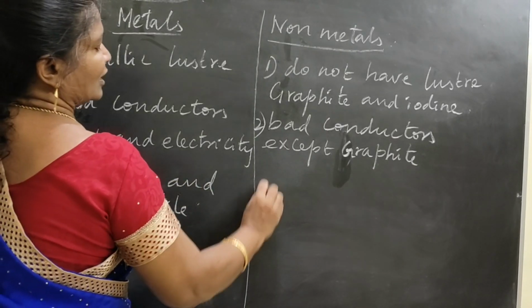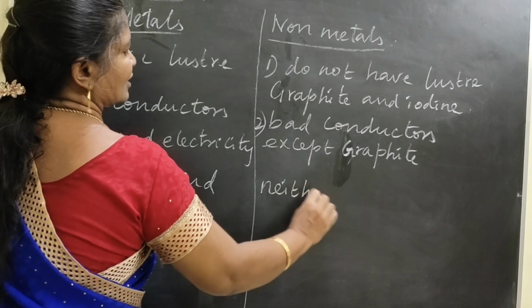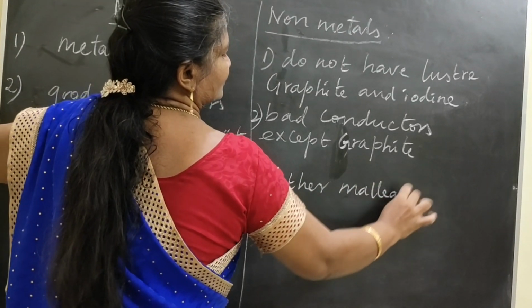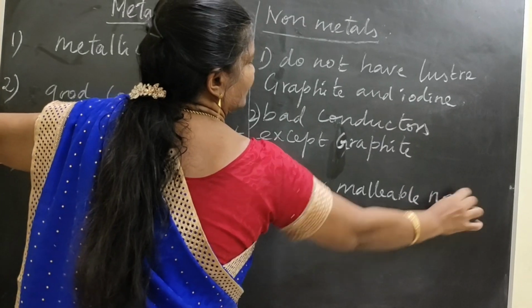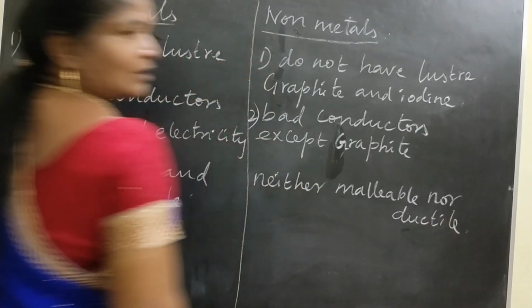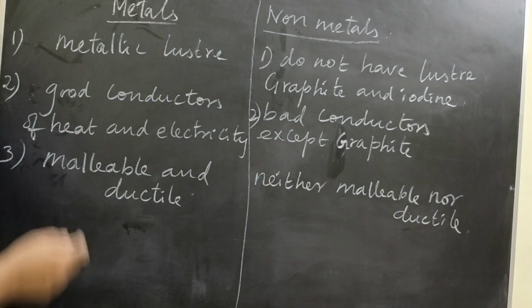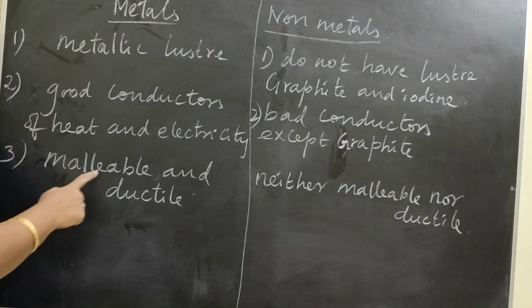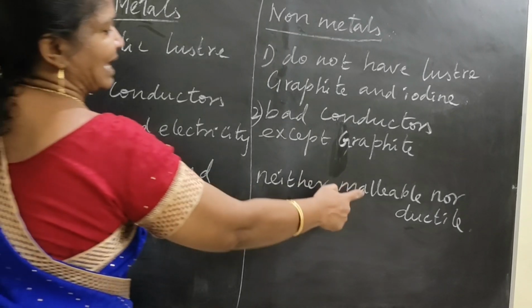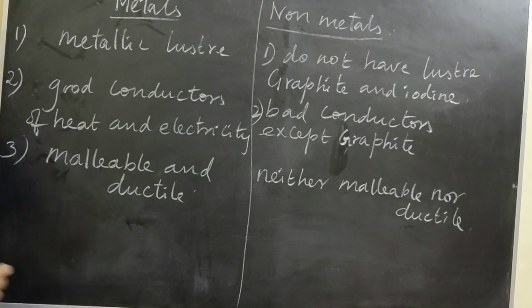Non-metals are neither malleable nor ductile. What's the third point, children? Say the third point. Metals are malleable and ductile. Non-metals are neither malleable nor ductile.